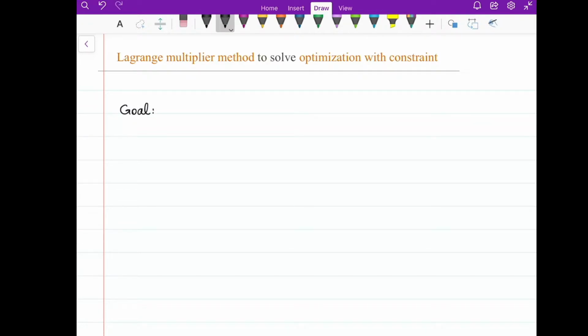We want to maximize or minimize f of x and y with constraint g of x and y equals c.